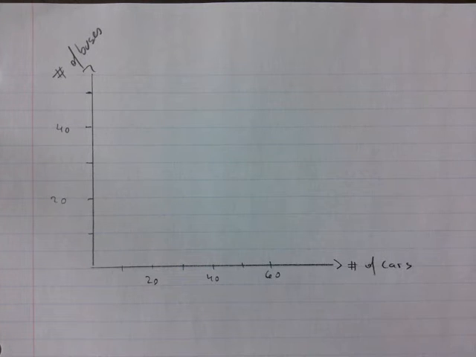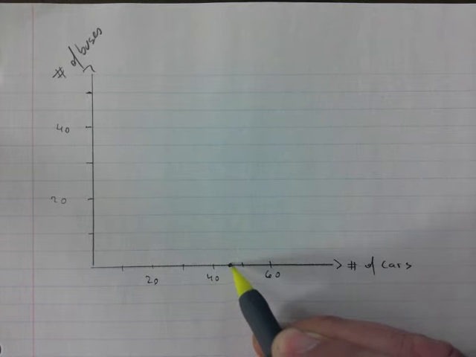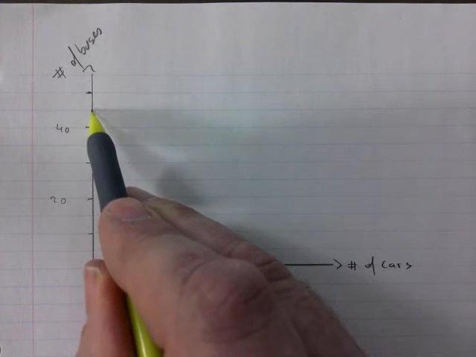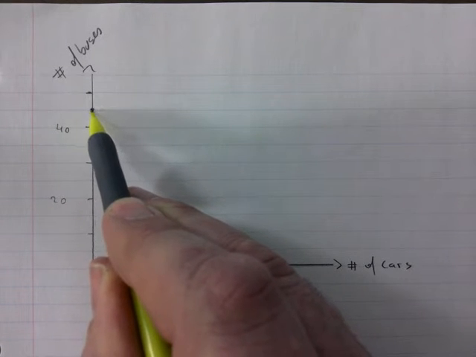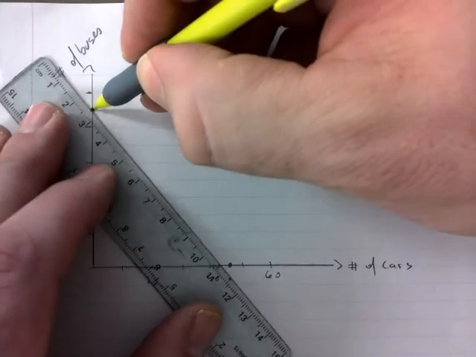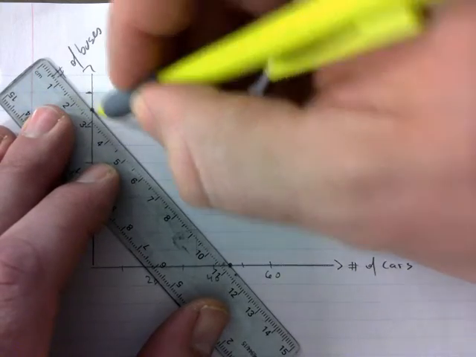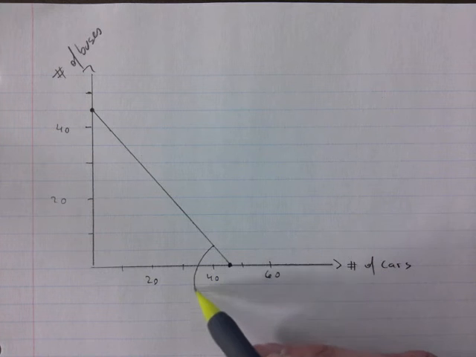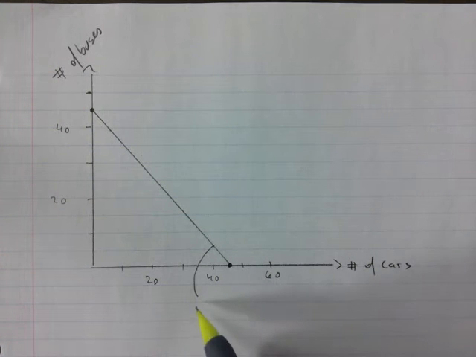So one line at a time here. I'm going to do the 45, because that one is pretty easy. 45 is here on the y-axis, right? Because it's right there. And you know what? It's probably a safe assumption to just go off the graph and then just label it here.